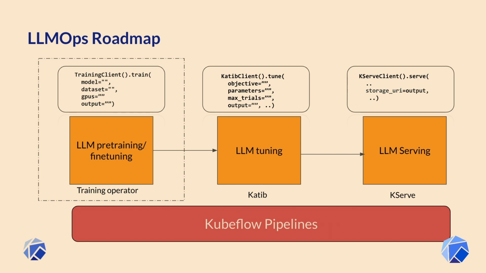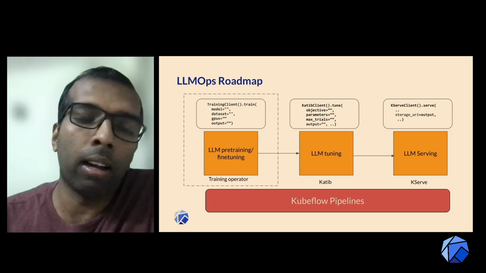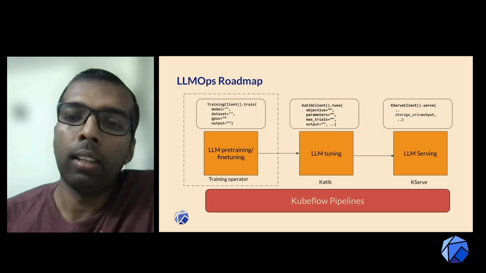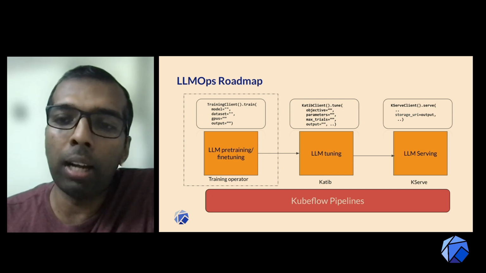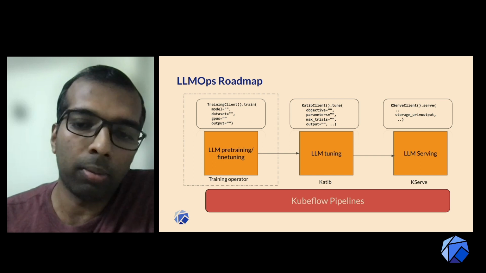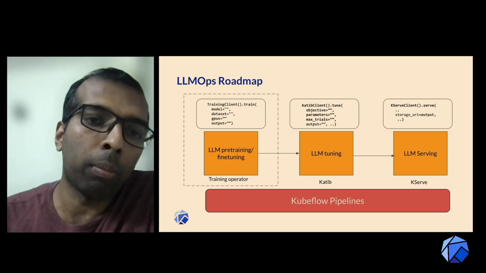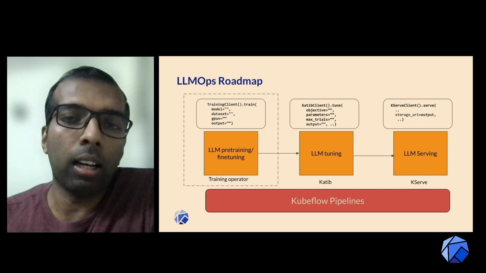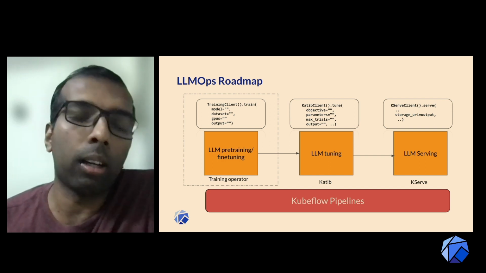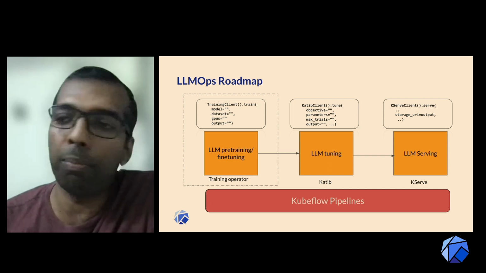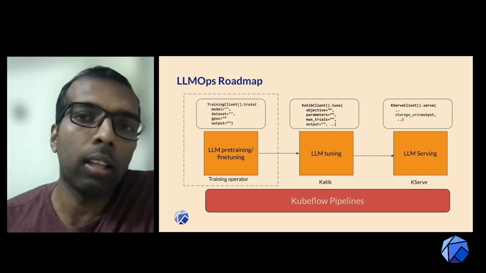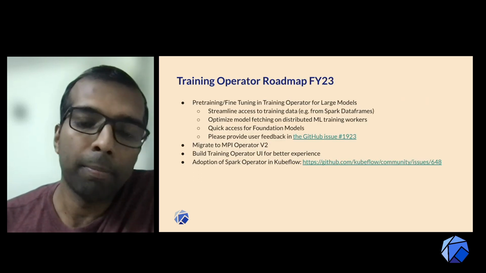Using SDKs, we provide APIs for data scientists to directly interact with the training side without knowing anything about the underlying Kubernetes SDK. And finally, once you have a tuned model, we put that into serving by providing the storage URI in KServe. And the whole thing can be automated using Kubeflow Pipelines. So this is something that we are very much interested in, and we are hoping to see some solid results in 1.9, and in the coming 1 to 2 weeks, we'll have a proposal in the community regarding this.